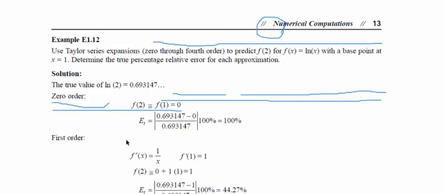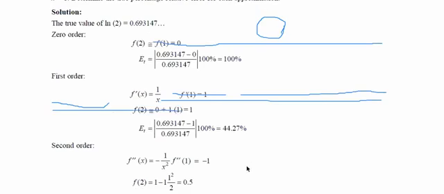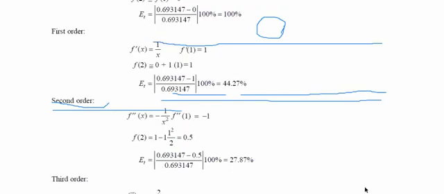First order means the first derivative is involved. If it is 1 by x, it is computed and this comes to 1. And f(2) is equal to the first term and the second term, that is 1. And then we compute the relative error, this is 34 times this. Then the second order, the 0 term, the first term and the second term. So 3 terms are taken here, and this percentage is 27.87%.